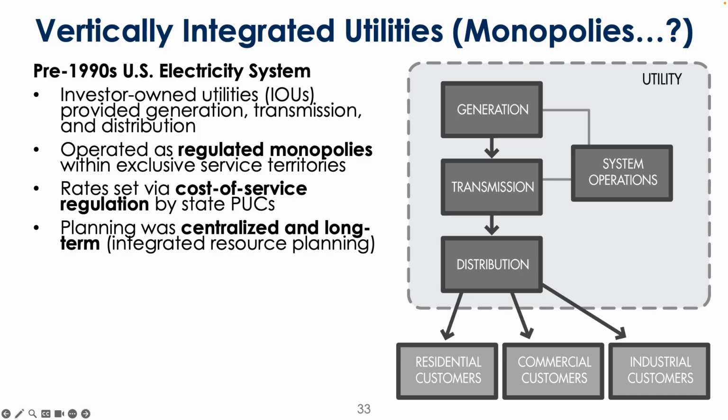In other words, how much customers are paying for electricity. And that's via this cost of service regulation. So essentially, public utilities commissions are setting regulations to prevent rates from going too high. And then you have planning that is centralized and long-term. So this is like integrated resource planning.